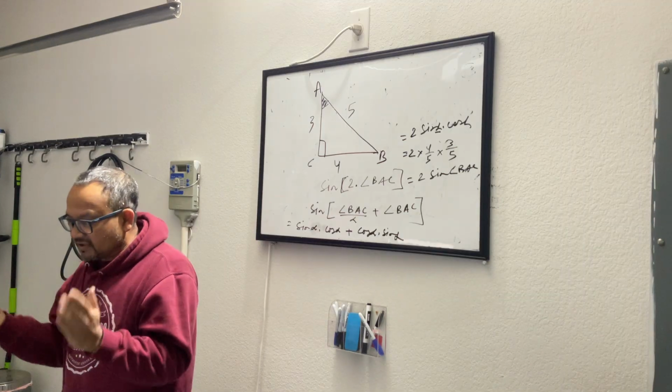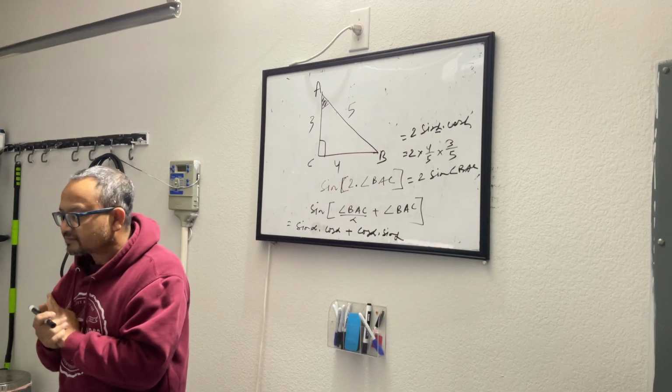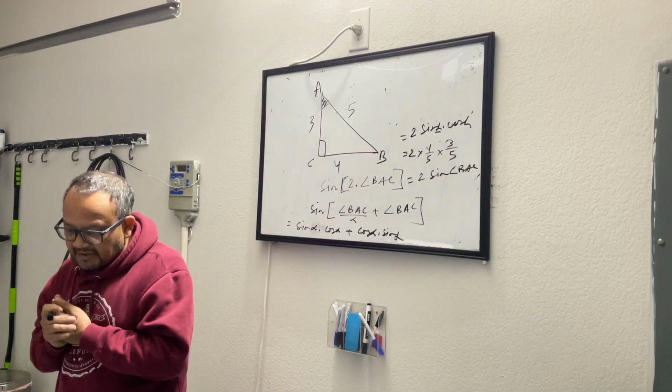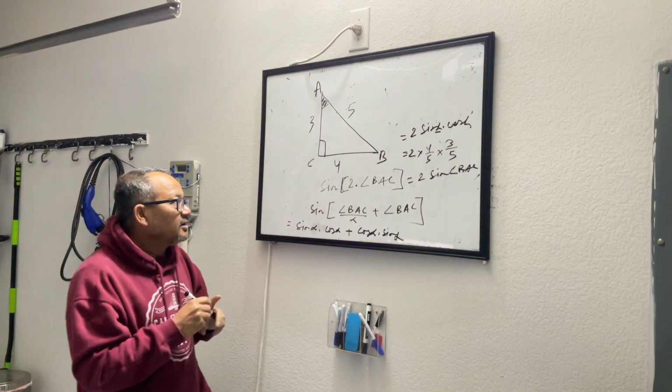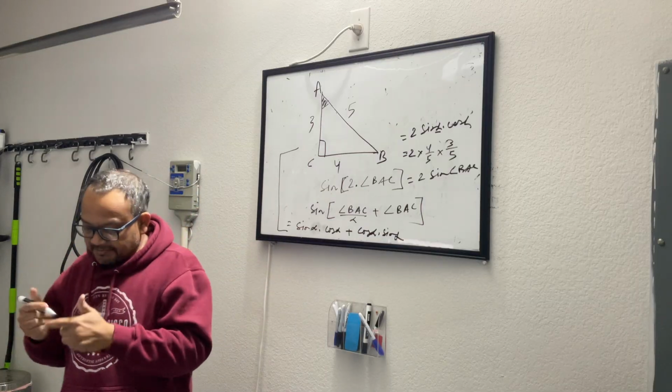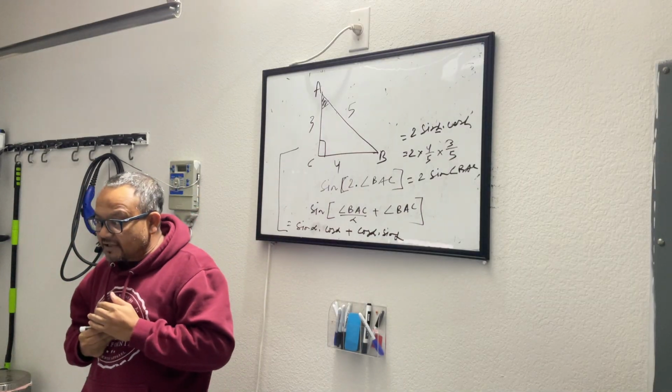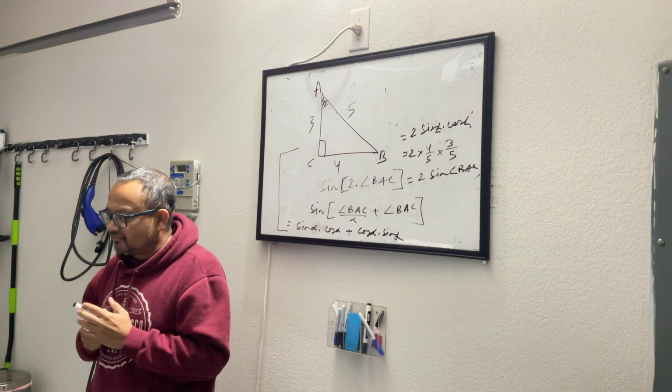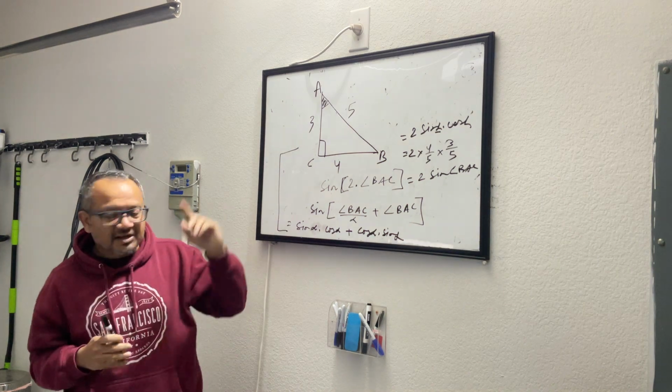Cos of a minus b is something different, right? So basically, these are the additional tools that we have added to our defense for dealing with this kind of problems.